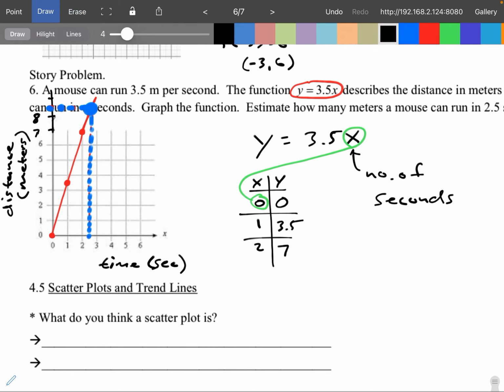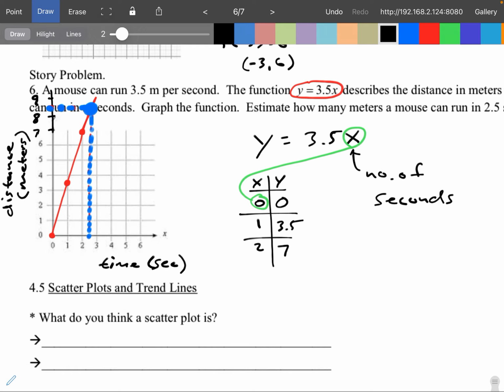We're at this point right there, and that's at 2.5. So it didn't fit very well, but hopefully you can see it's somewhere up there between 8 and 9. You got it? 9 is right here. So I don't know, 8.5, something like that. That's about the best you're gonna do probably.